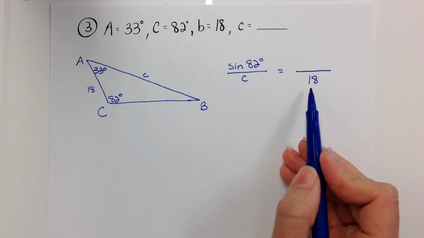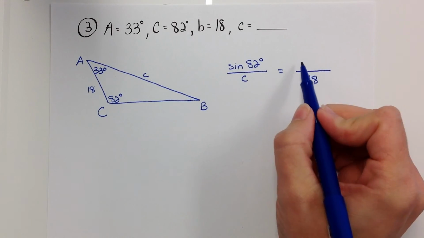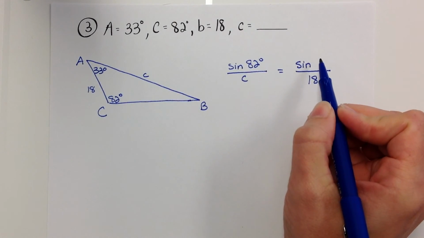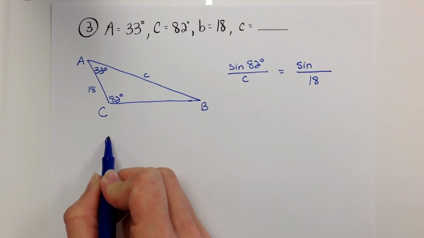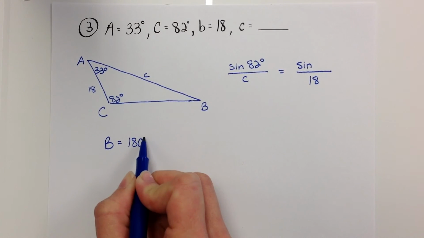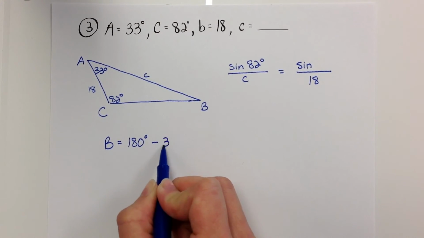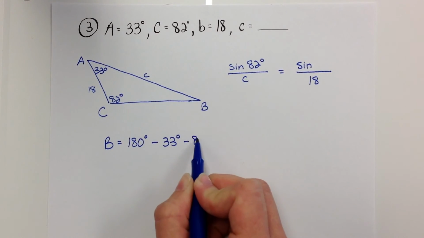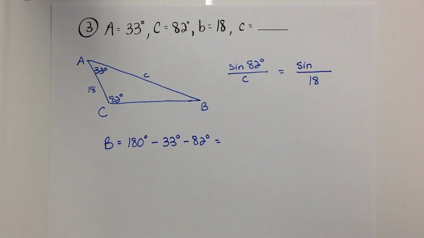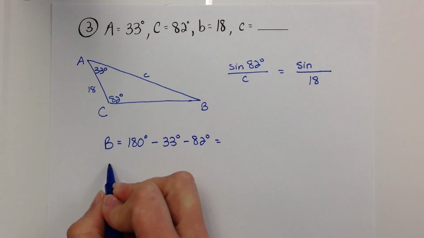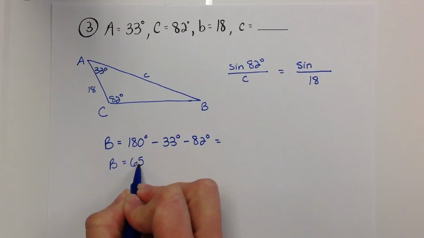So if this is side B, then I need to know angle B, which I don't know. Again, you could use subtraction. You know that you have 180 degrees in a triangle. Subtract the two angles that you do know. That's going to give me angle B to be 65 degrees.